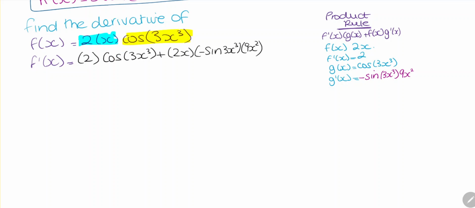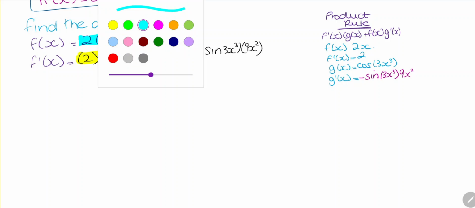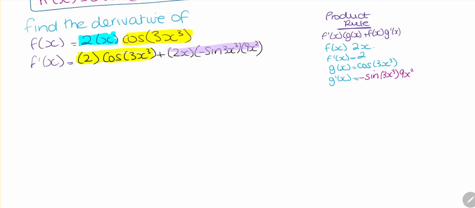Okay, so next step. We have to look to see what we can simplify. Now we have one term here, and we have a second term here. So is there anything that we can multiply? Well, if we look, we have these terms here, so we can multiply those together.